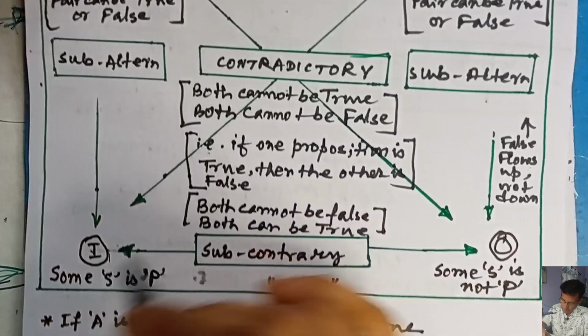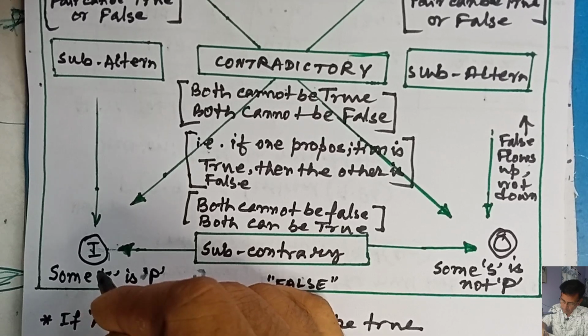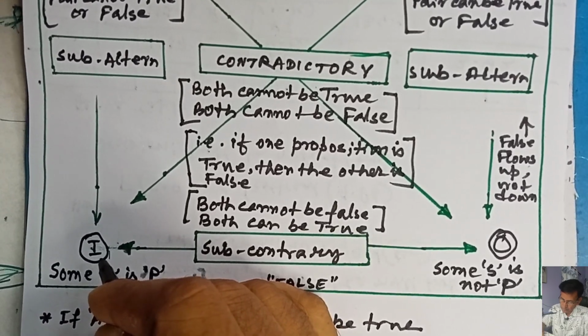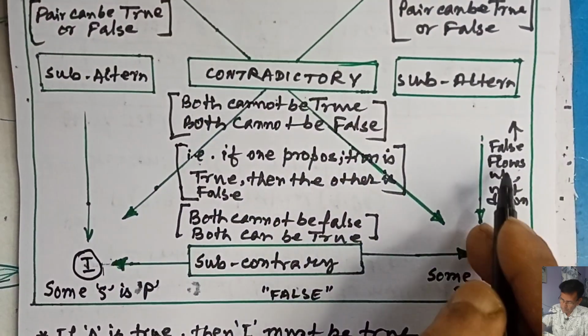If I is false, then A must be false because false flows up, not down.